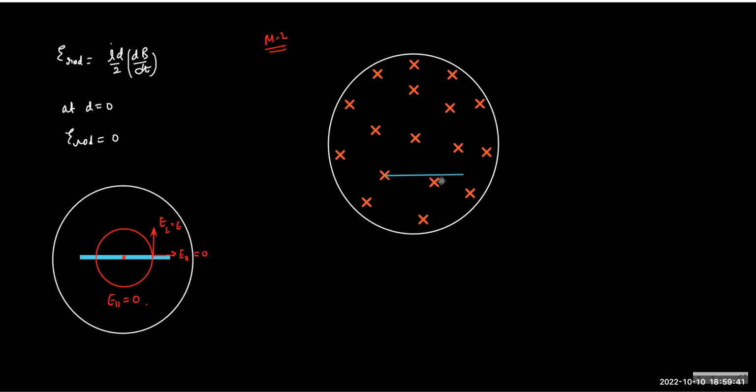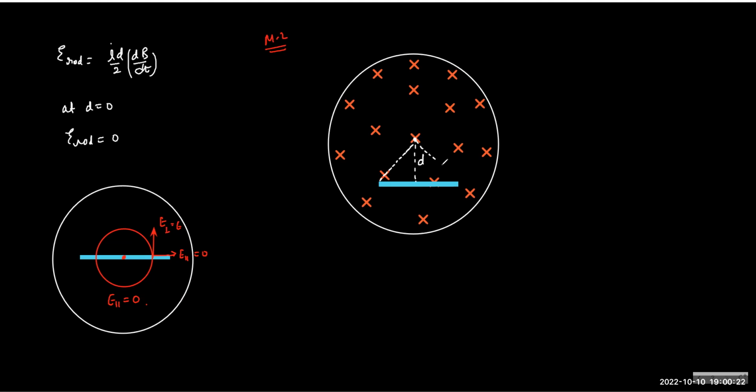So the rod. You can draw, or you can imagine, a rod touching the edges and the center.